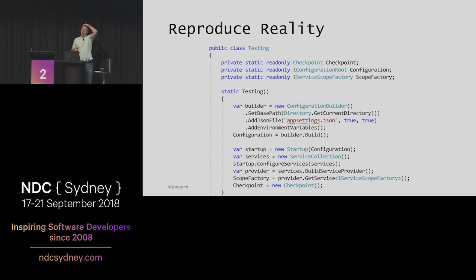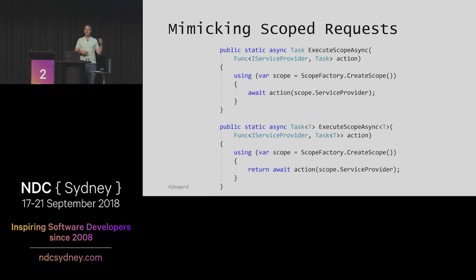There is some stuff that ASP.NET Core does for us: it executes everything inside scopes. So I want to mimic that behavior in my tests. I'll have simple methods to say, execute something inside of a scope, providing you a callback to do something with the scope you're working with, exactly like how every single ASP.NET Core request works.